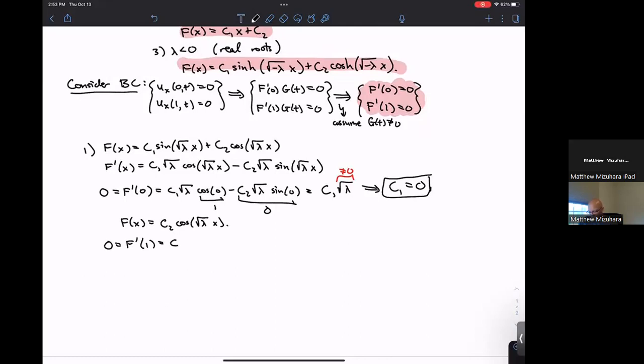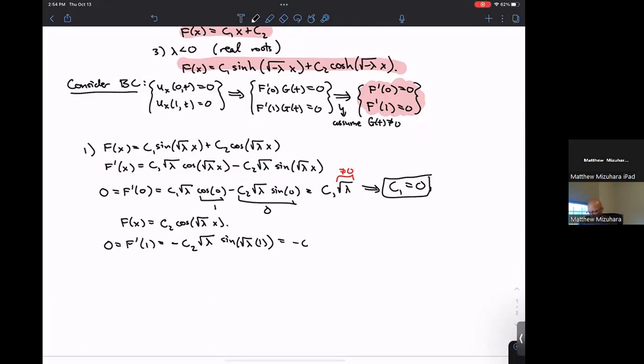I wrote down f of x, but of course I'm plugging into the f prime function, right? So plugging into the f prime function, x equals 1. I already know c1 is 0, so I'm just looking at the rest of it: minus c2 root lambda sine of root lambda times 1.